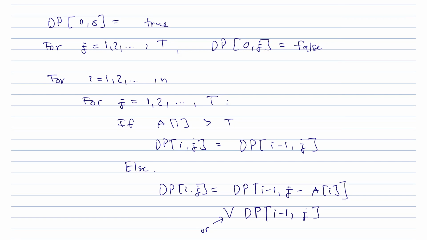So again, in order to have a subset of the first i numbers that sum to j, at least one of the following cases must be true. There is a subset of the first i-1 numbers whose sum is j minus a_i, and then you put a_i into that set. Now you have a subset whose sum is j.